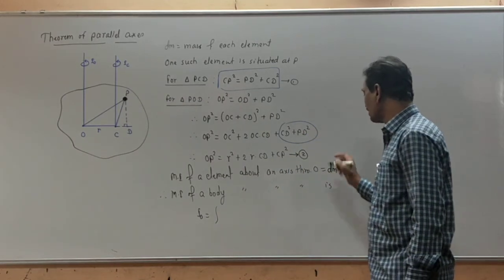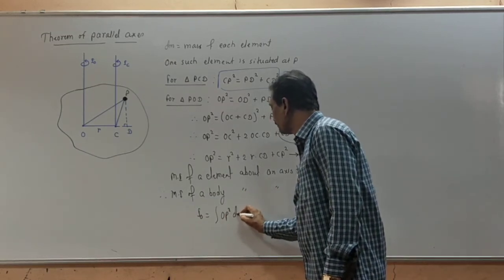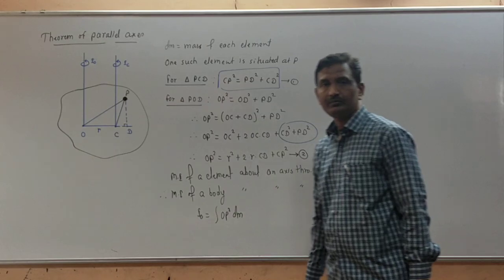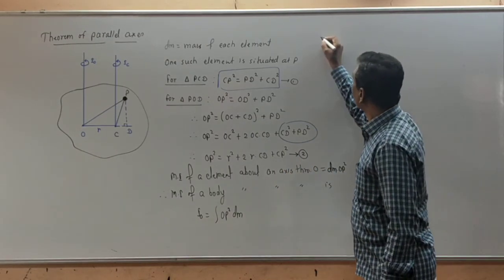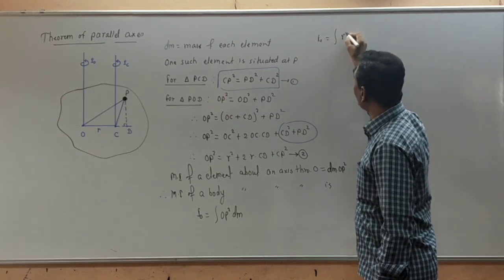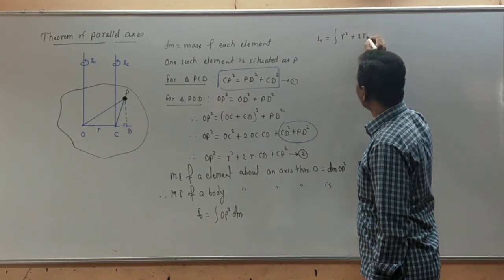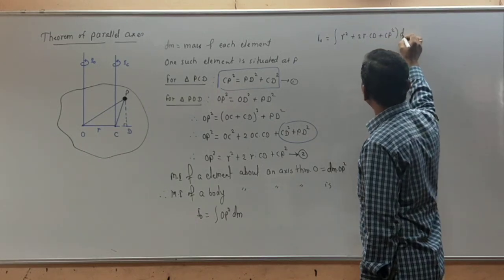So what is the moment of inertia of a single particle? It is OP square into dm. Now what is the value of OP square from equation 2? So we get IO is equal to integration of R square plus 2R CD plus CP square into dm.